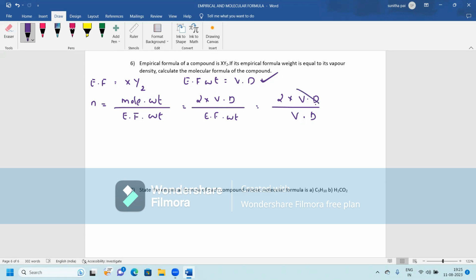Now cancel that vapor density. So you get your N value as 2. So empirical formula twice is your molecular formula. Therefore, molecular formula will be XY2 2 times. That is X2Y4. So that was the question.